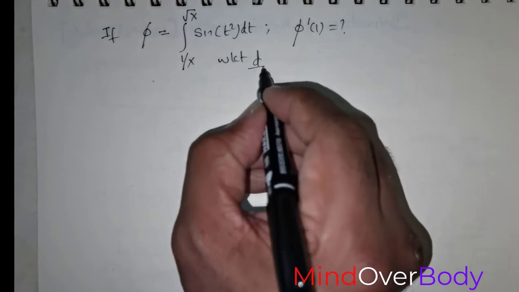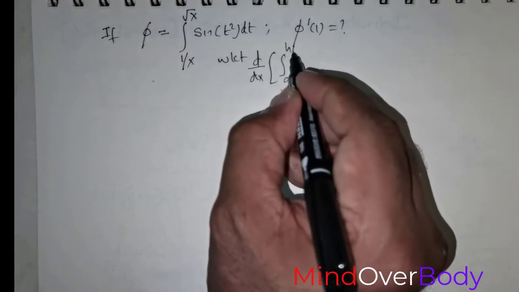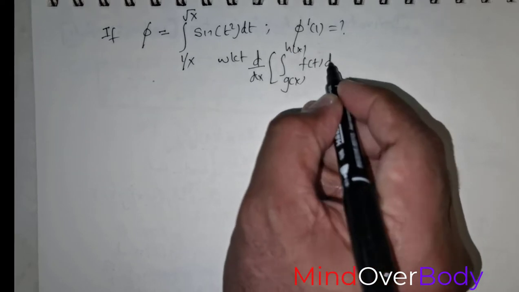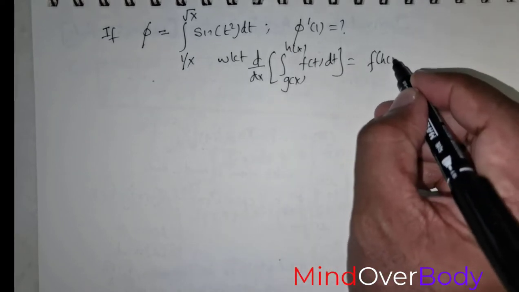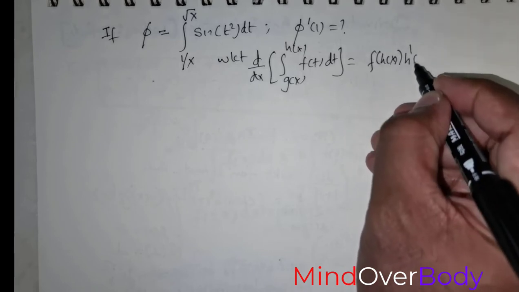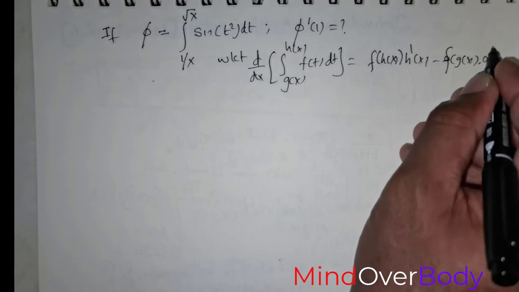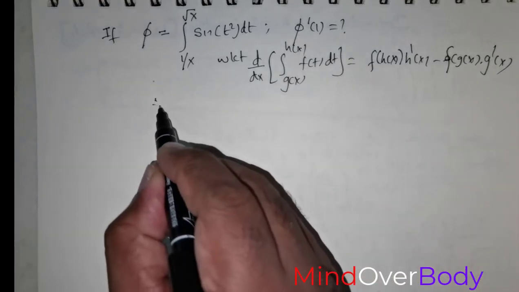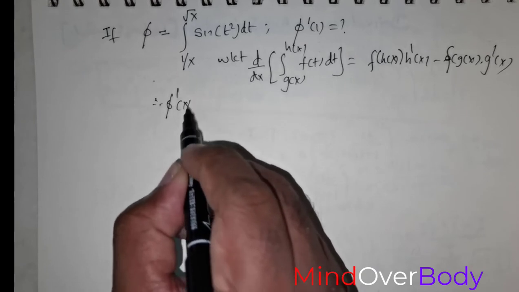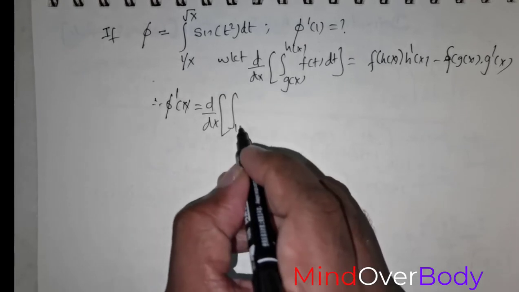We know that d over dx of integral g of x to h of x f of t dt is equal to f of h of x times h dash of x negative f of g of x times g dash of x.